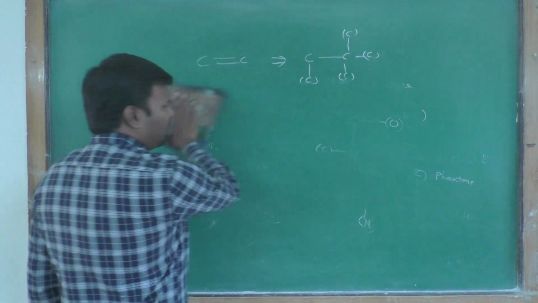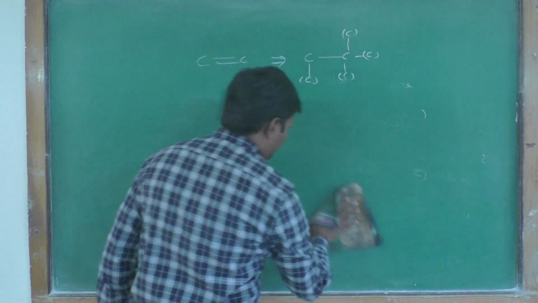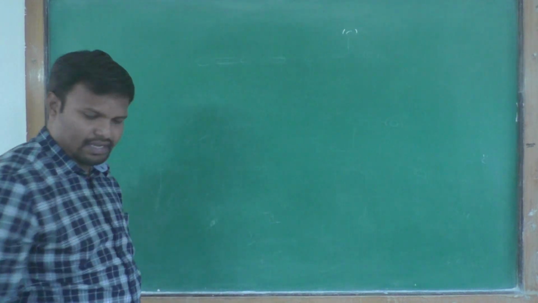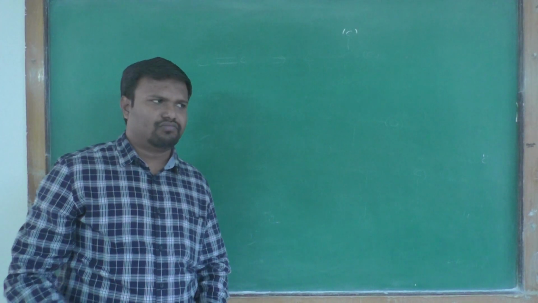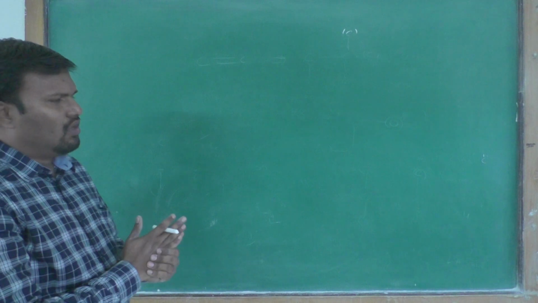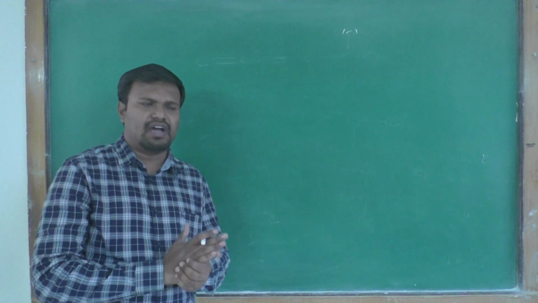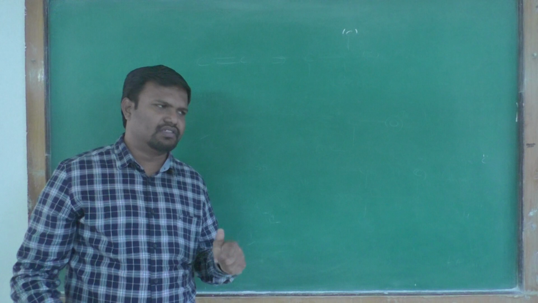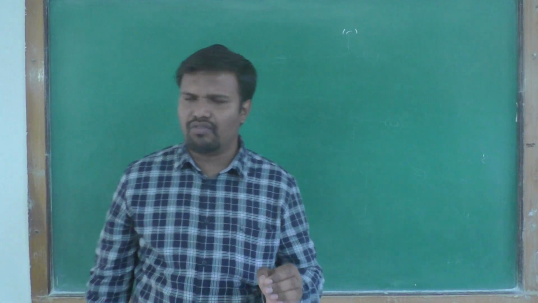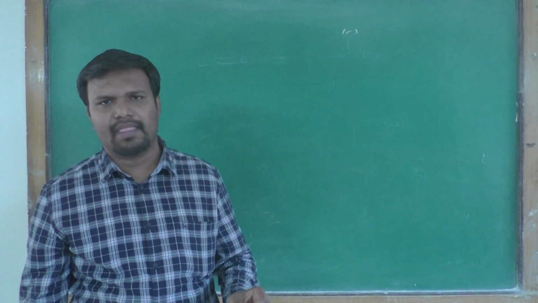By using these 3 sequence rules, we have to predict the priorities in a molecule. Now, how to assign the R/S configuration? There are some rules. The first rule is you have to find out the chiral center.